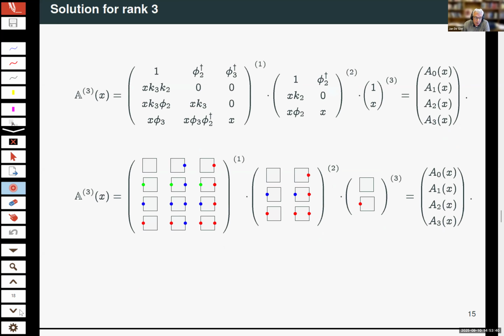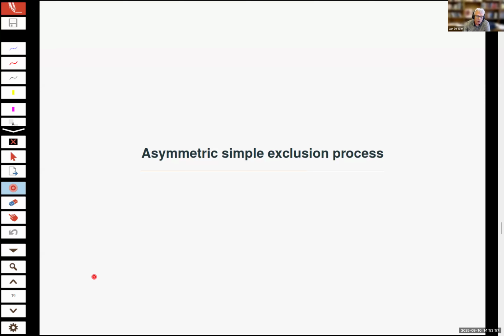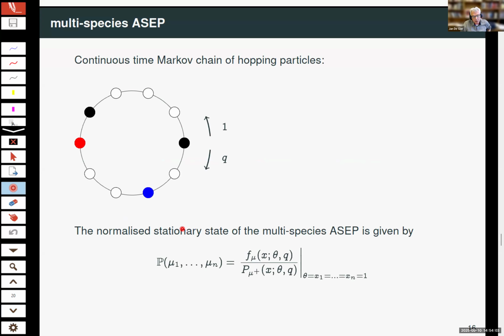Okay, so that is the construction of Macdonald polynomials using solvable lattice models, bringing together these different areas in mathematics and mathematical physics. But they also can be used in applications. One of the applications that I've worked on quite a bit is this asymmetric simple exclusion process that Tomohiro already mentioned.